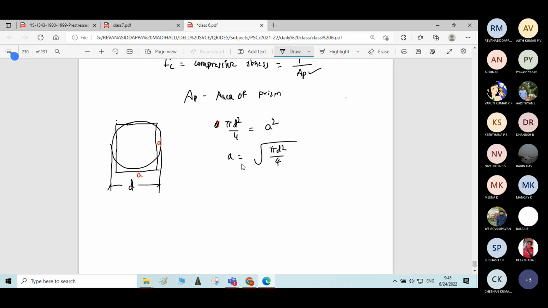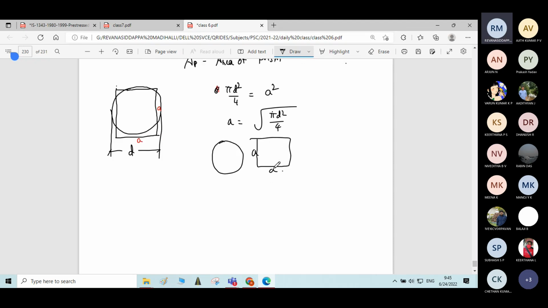By this, you are converting a circular plate into a square plate of side a, which gives the same area. Next, you need to proceed for the calculations if a circular plate is given in the problem. These are a few instructions with respect to solving the design problem.